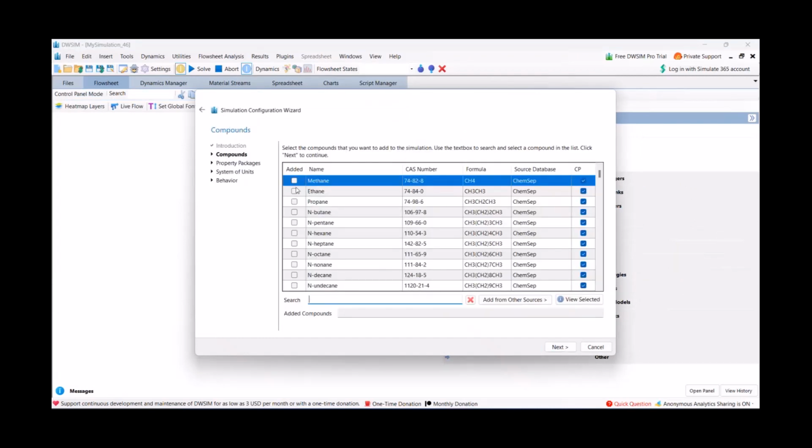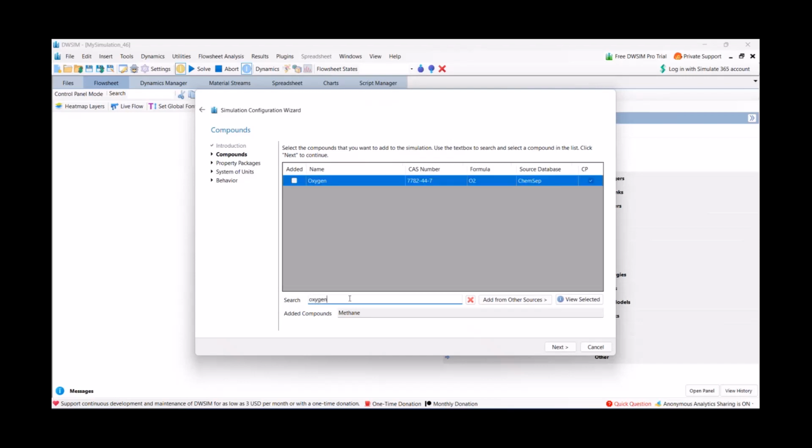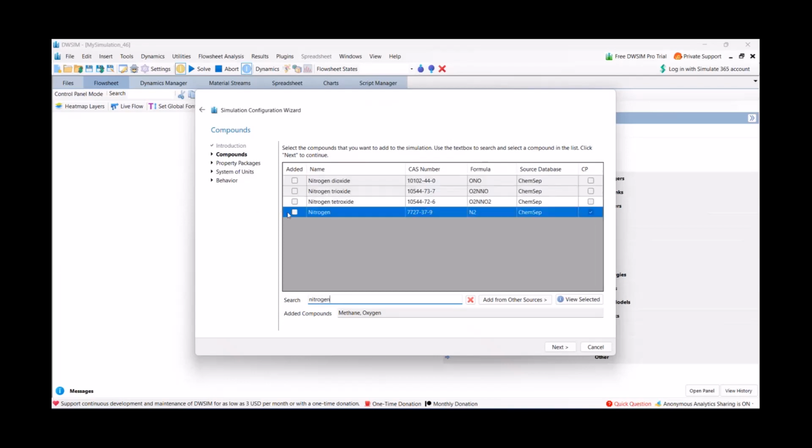As I mentioned, we will use methane as our fuel. So methane, we will select as a component. We also need oxygen and nitrogen as air components.